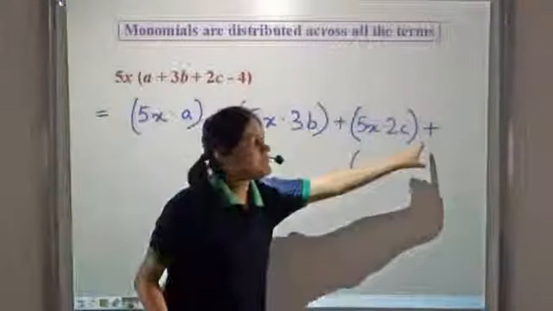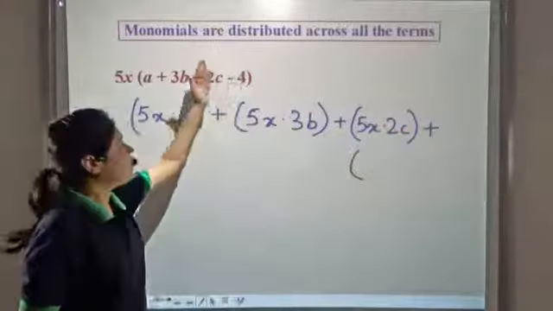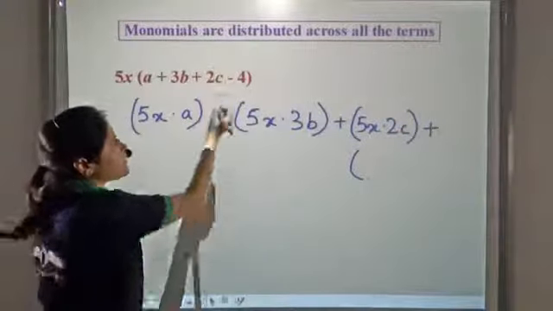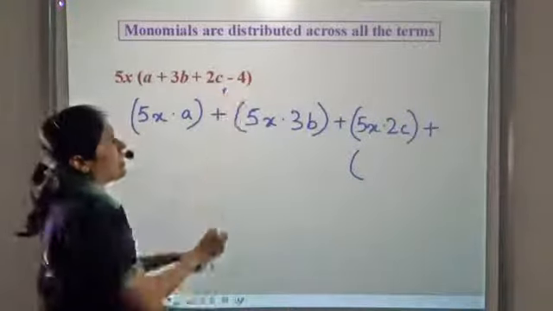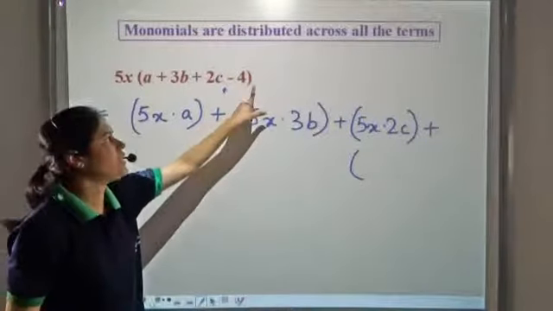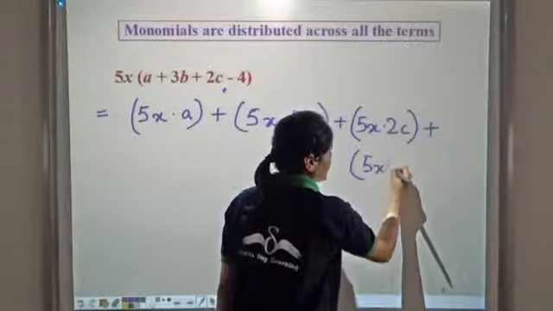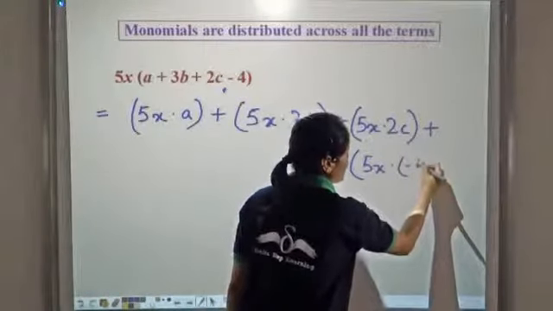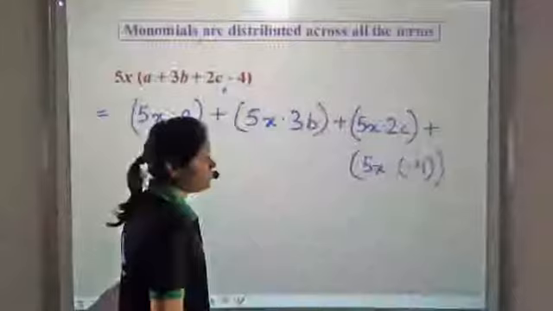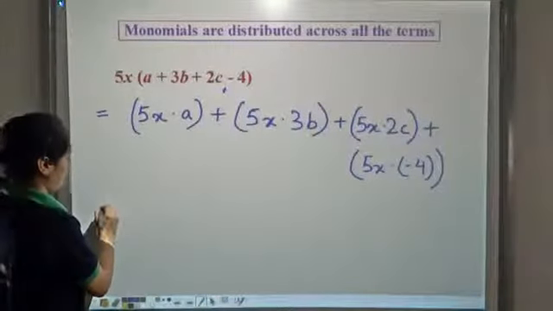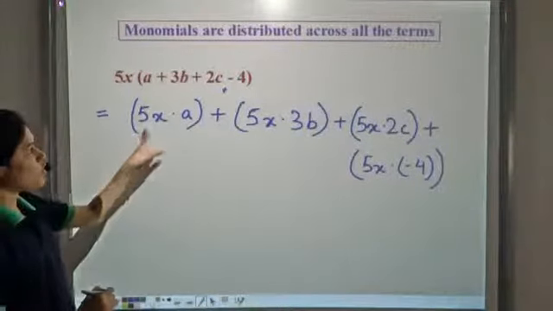Remember, since we have a plus sign here, we consider negative 4 to be added. So 5x times negative 4. So we can solve this now.